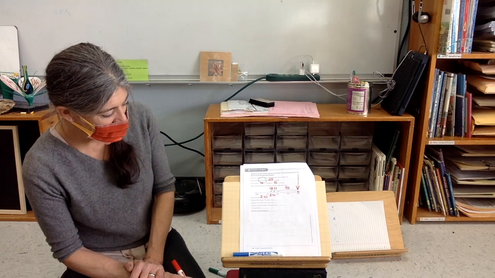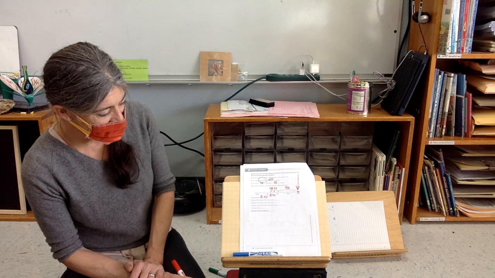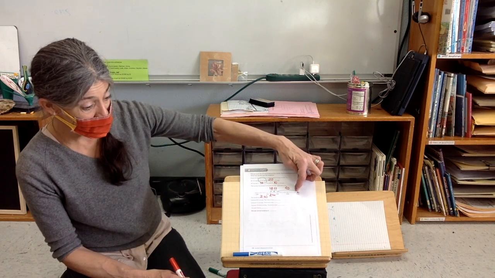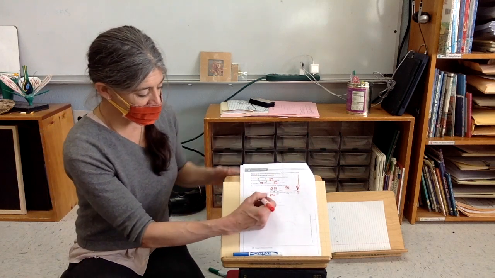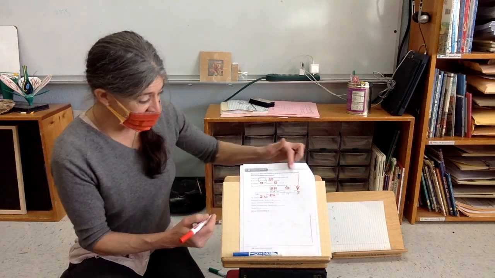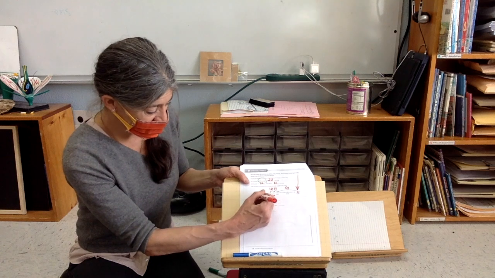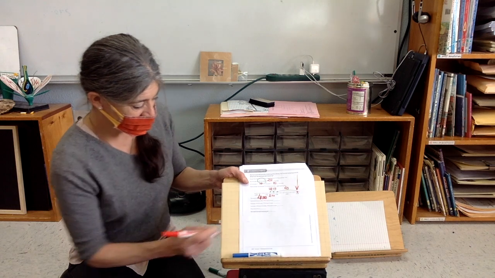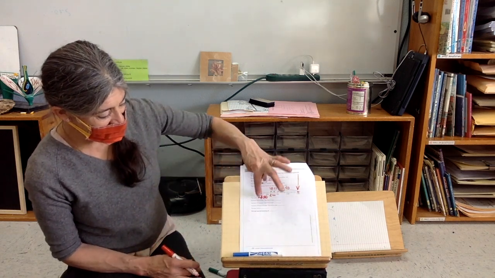Oh, you know what they wanted us to do, guys? They wanted us to do his end time. Okay, change that to 4. 4 o'clock. The end time of his studying is 4 o'clock. Subtract 60 minutes.